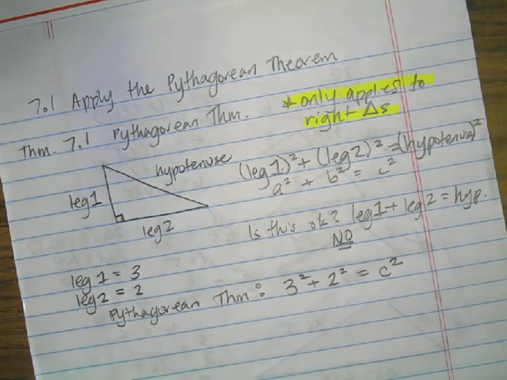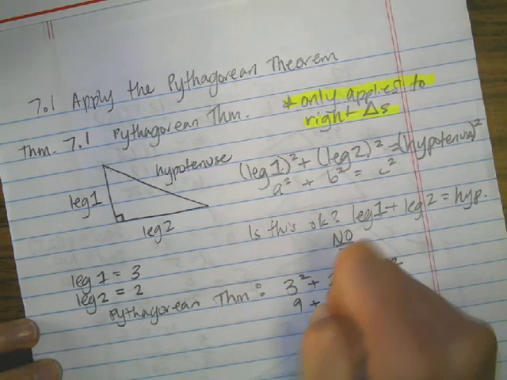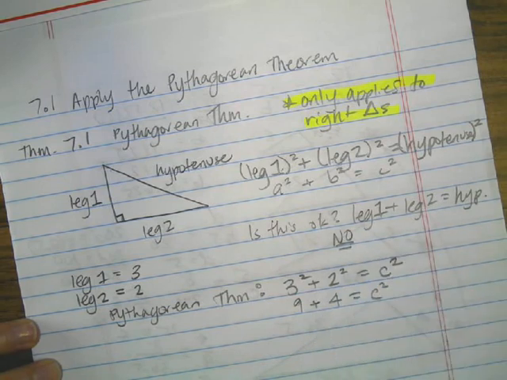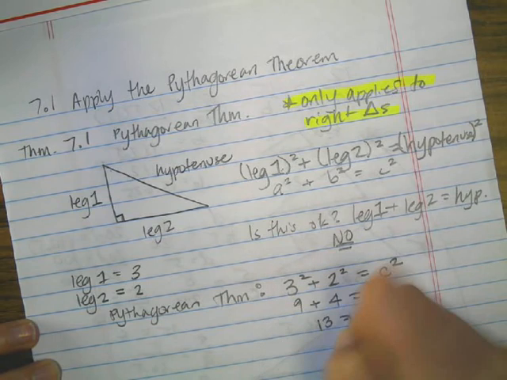The other example I want to do is, let's say we don't know one of the legs. Let's say we know this leg is 5, and we know that this is, I don't know, 13. Actually, let's make it 12, so that most of you can do it in your heads.